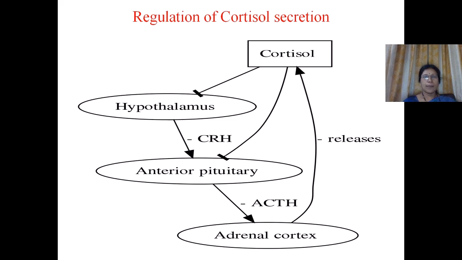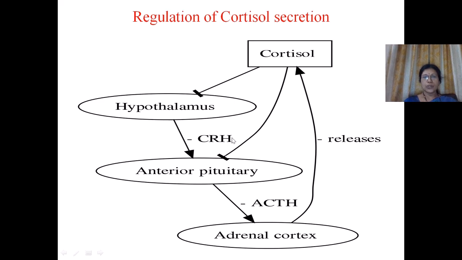Now let us see the regulation of cortisol secretion. When the blood glucose level is low and during stress conditions, the neurosecretory cells of the hypothalamus secrete corticotropic releasing hormone. This corticotropic releasing hormone enters the anterior pituitary through the hypothalamic hypophyseal portal system.